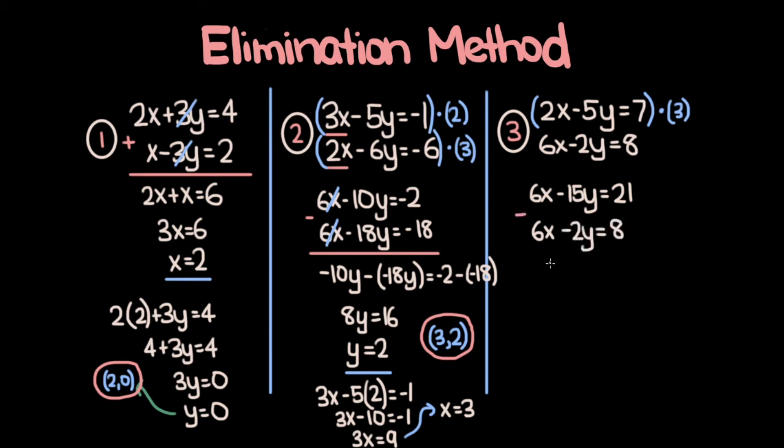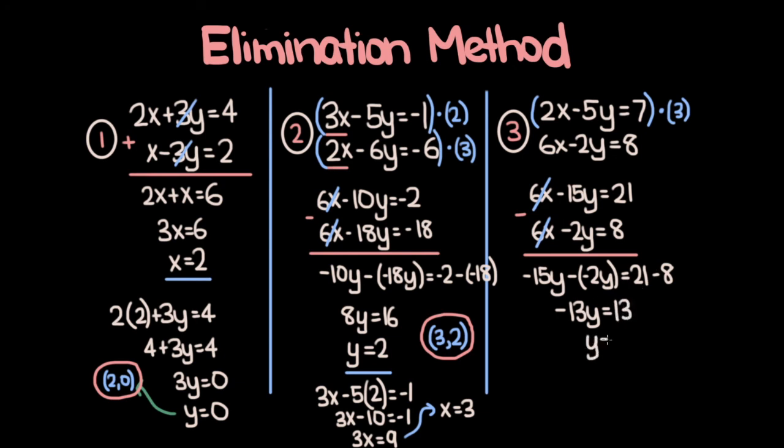So now if we subtract both equations, we get that the x terms cancel, and we have minus 15y minus negative 2y is equal to 21 minus 8. Negative 15y minus negative 2y is negative 15y plus 2y, so negative 13y, and that's equal to 21 minus 8, which is 13. If we divide by 13 on both sides, we get that y is equal to negative 1.